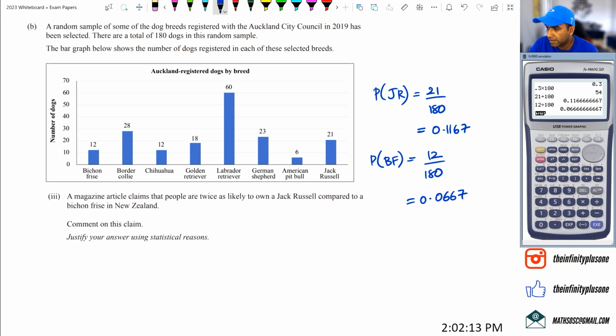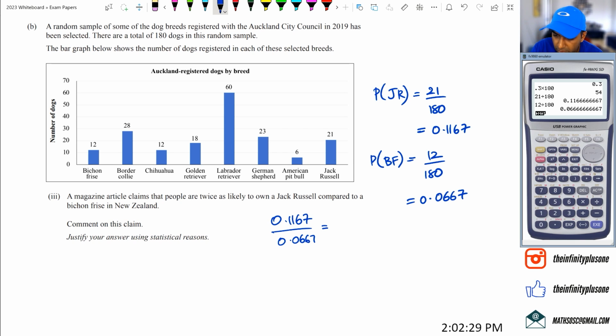0.0667. Now it actually says that it's twice as likely. So what I'm going to do is divide both of those probabilities, so I'm going to do 0.1167 divided by 0.0667. And what is that equal to?